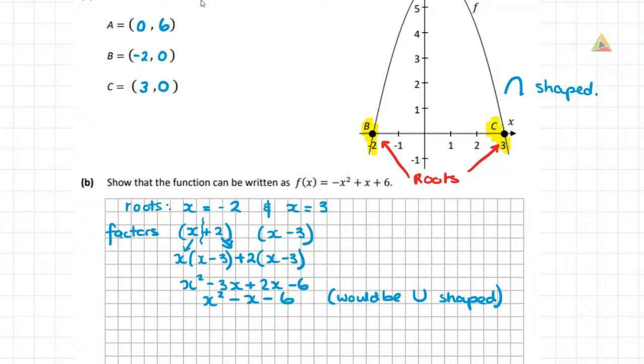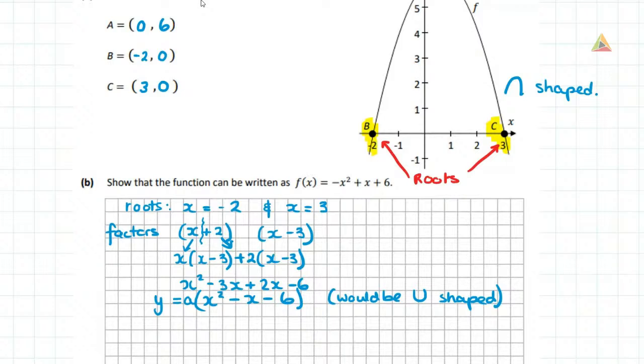So what we're going to do is we're going to have to take another value. So we're going to say, okay, if y is equal to this, we're going to put another letter in front of it. And we're going to take just the letter A for sake. You can take any letter that you want. So we're going to say y is equal to A times what we've gotten from multiplying out those roots. Because there's loads and loads of different quadratics that could go through those roots.